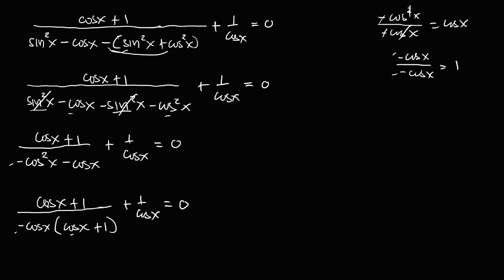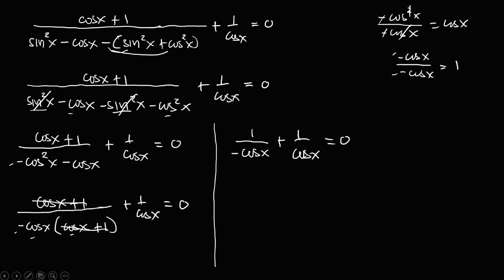Then we can cancel now this cosine x plus 1 and cosine x plus 1. So we have now this 1 over negative cosine x plus 1 over cosine x, and that's equal to 0.